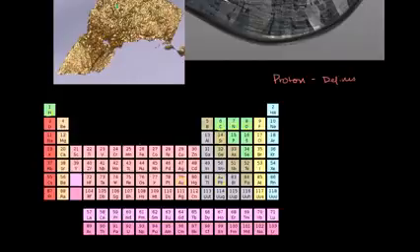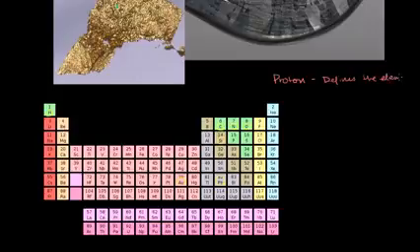So by definition, hydrogen has 1 proton. Helium has 2 protons. Carbon has 6 protons. You cannot have carbon with 7 protons. If you did, it would be nitrogen. It would not be carbon anymore. Oxygen has 8 protons. If somehow you were to add another proton there, it wouldn't be oxygen anymore. It would be fluorine. So it defines the element.